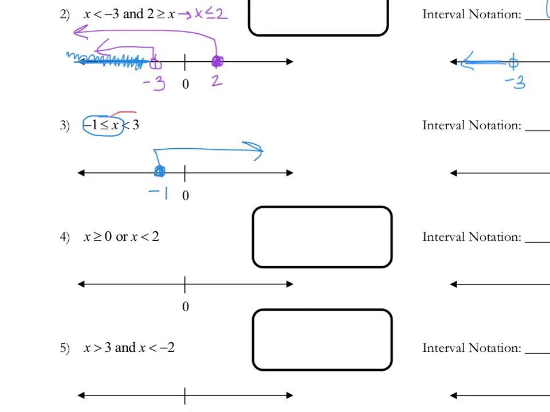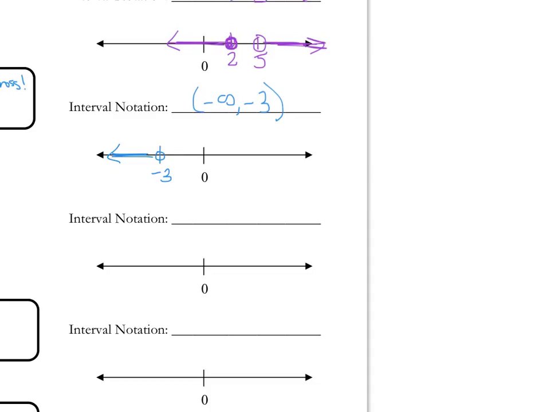Then if we look at this inequality, x is less than 3, to the left. So where do they overlap? Only between -1 and 3. So once again, this is not a special type of and compound inequality. So interval notation is from -1 to 3. There's your answer.